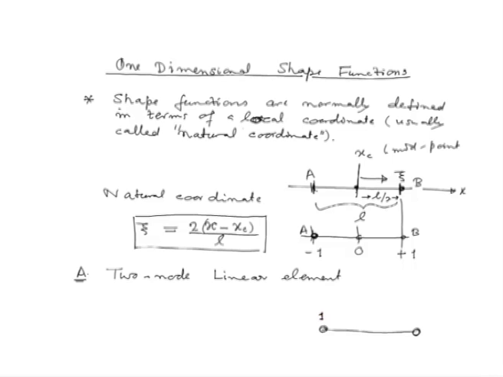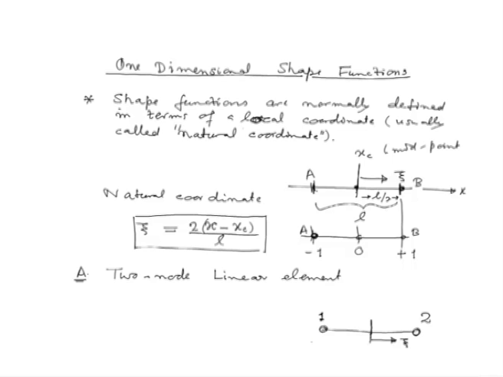We will start the numbering from left. The leftmost node is numbered as 1 and the rightmost node is numbered as 2, and the way we have defined our coordinate system, the middle of the element is where the origin of xi lies.